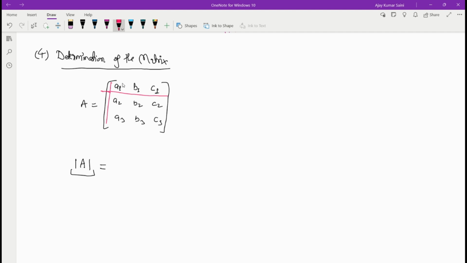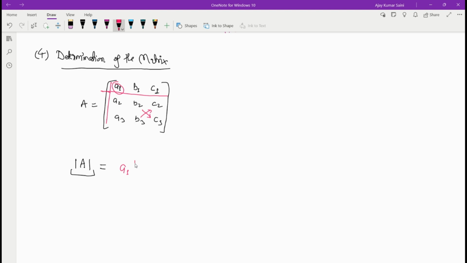So the common element is a1. Neglect these elements, and we need to multiply b2 by c3 and b3 by c2. And take a1 common. So from here I can write a1.